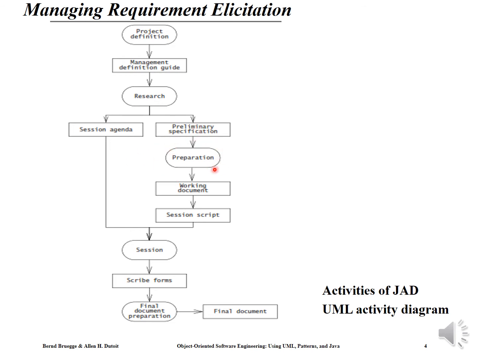After that is the preparation activity. In this activity, basically the JAD facilitator prepares the session. He creates a working document, which is a first draft of the final document.